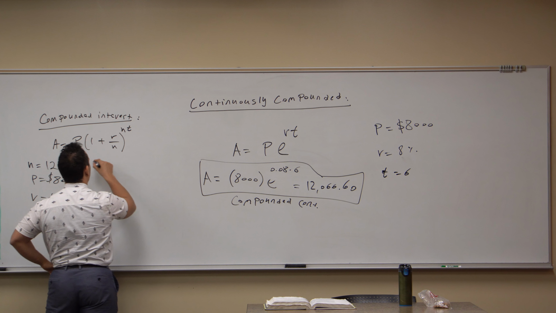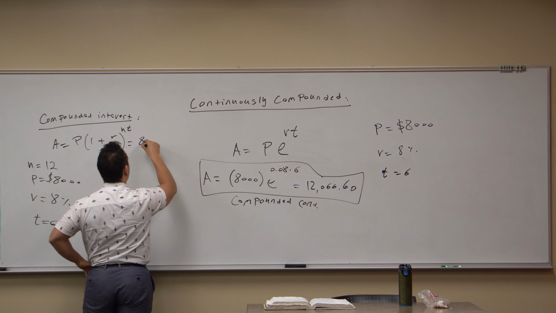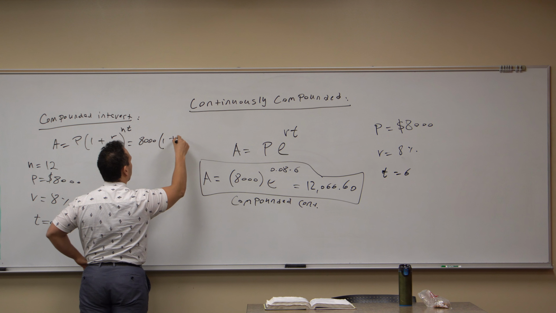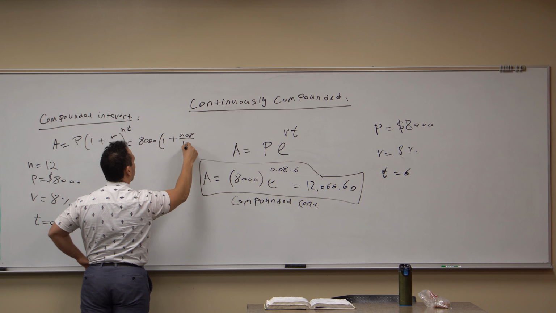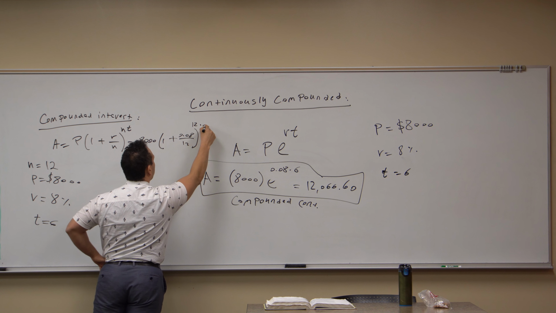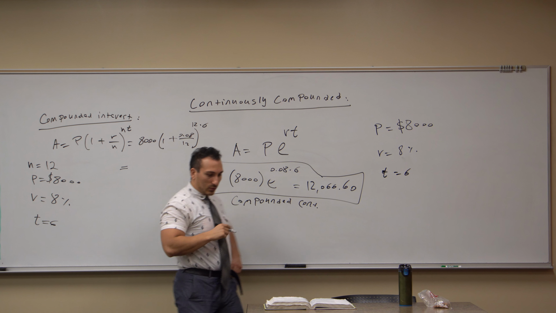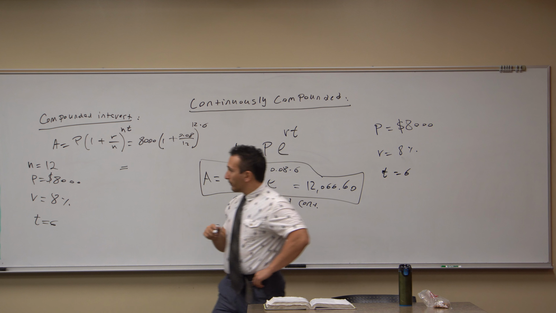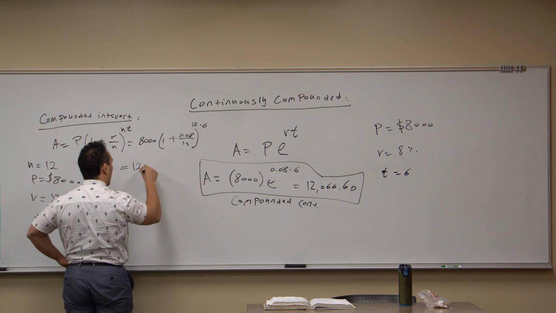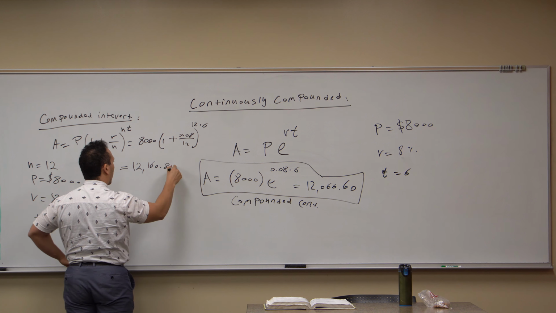So whenever we do it like this, this is equivalent to 8,000 times 1 plus 0.08 divided by 12, raised to the 12 times 6. And if you remember last time, this was equivalent to $12,160.84.